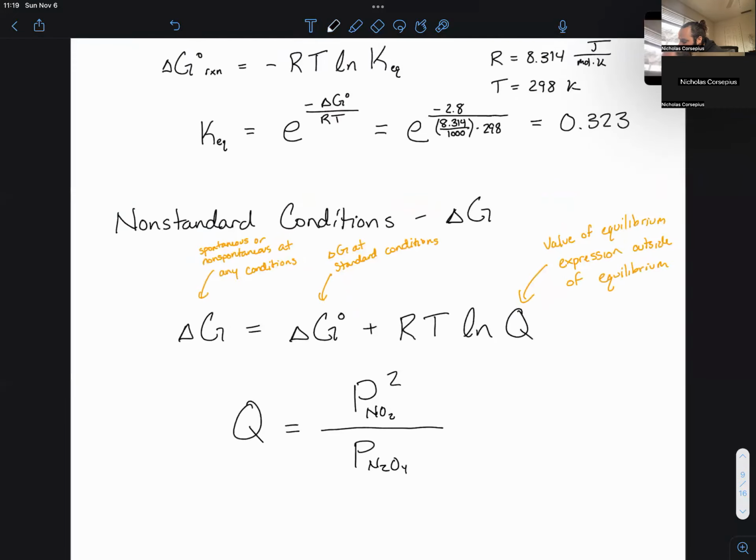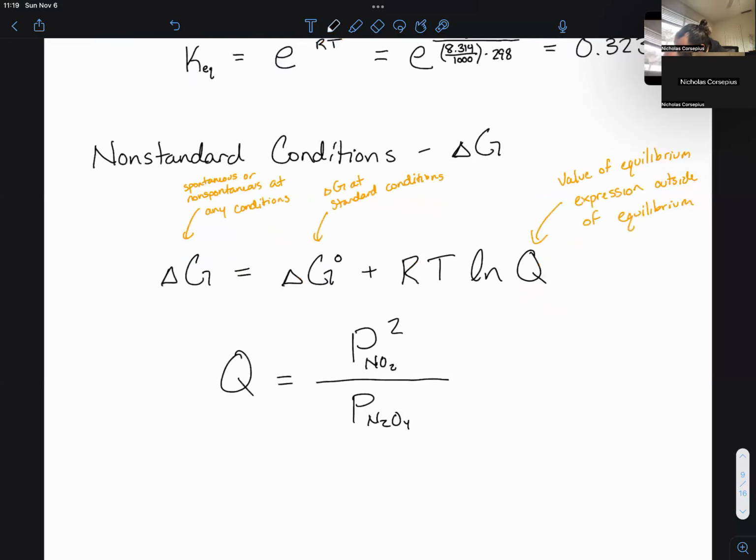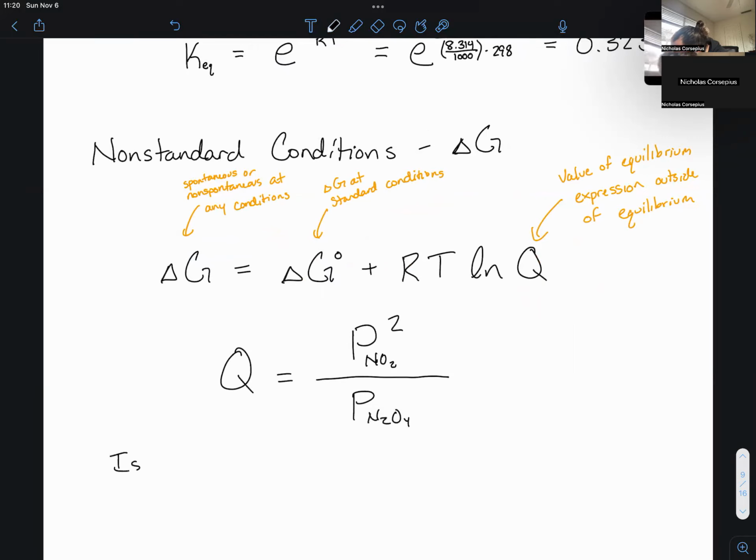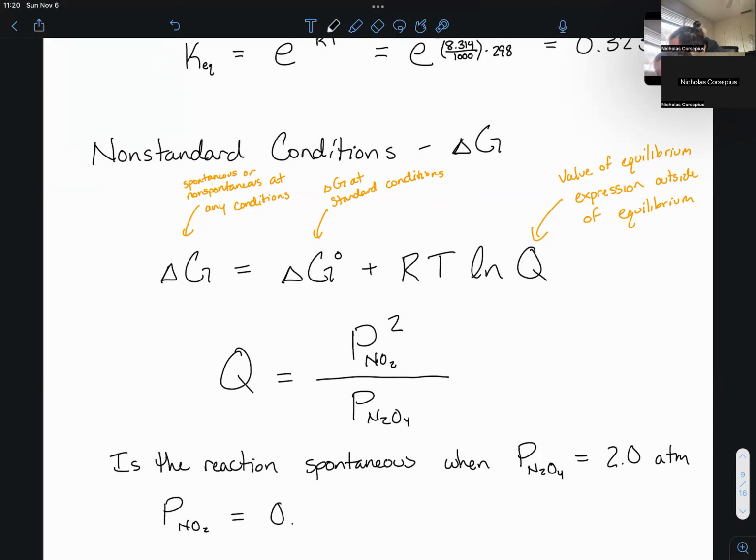Okay, and so that's what we're going to do. We're going to figure out whether or not this reaction is spontaneous if we start out with a partial pressure of our reactant at, let's say, 2 atm, and the partial pressure of our product at just 0.5 atm, right?